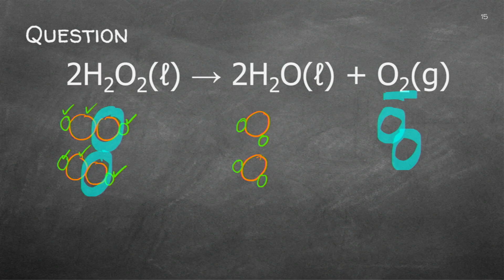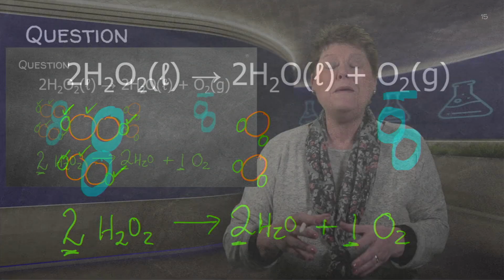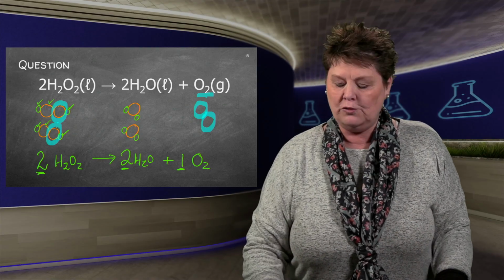So what does it mean in terms of moles? 2 moles of peroxide giving me 2 moles of water plus 1 mole of oxygen. So this is the mole, and you know now exactly how many atoms and molecules I have.